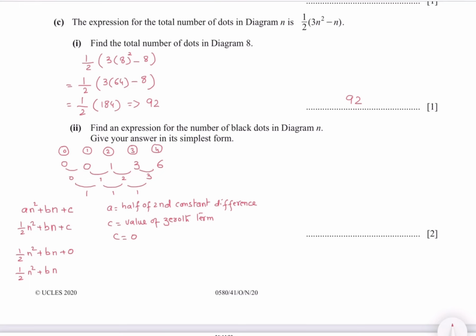So always try to place 1 in n. So let's do it. So equate it with 0. Now from here your b is minus 1 over 2. So your nth term formula is ready. You can write it like 1 over 2 n square minus 1 over 2 n. If you practice this, you will feel very comfortable and you will see no difficulty can stop you.